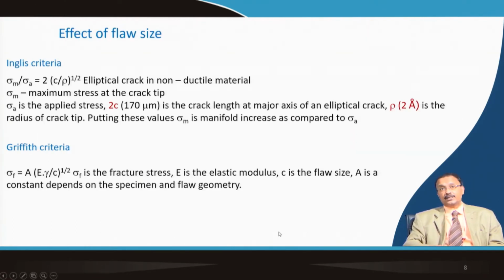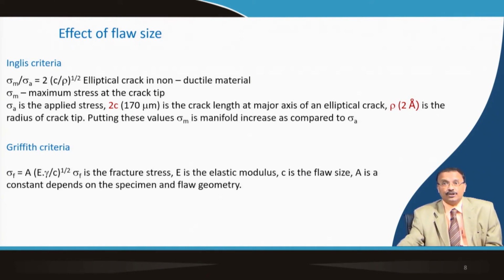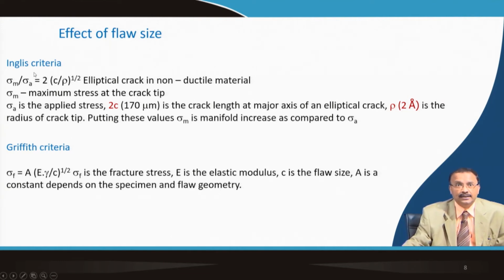So, there are various theories pertinent to the effect of this flaw. The Inglis criterion tells that the ratio of the maximum stress at the crack tip to the applied stress goes with 2 into the square root of half crack length by rho, where rho is the radius of curvature of the crack.